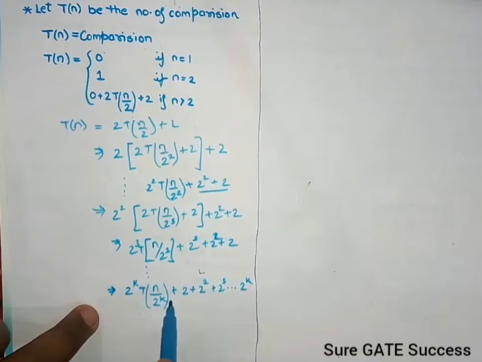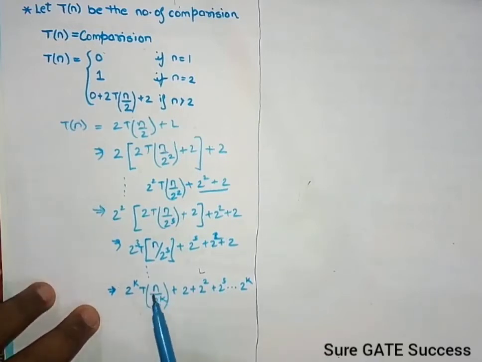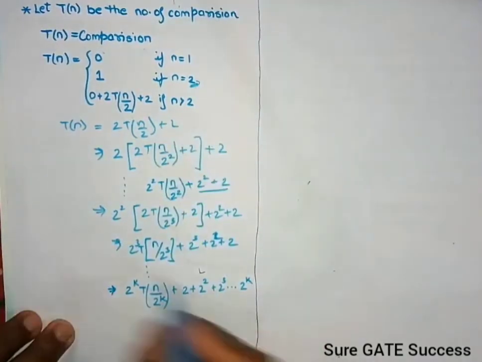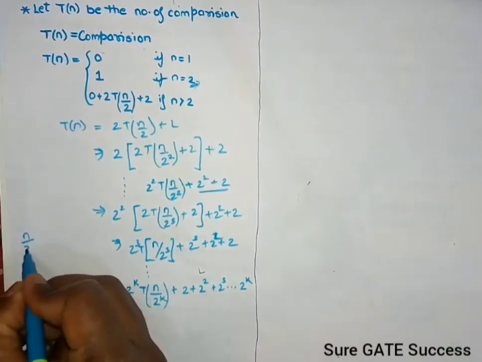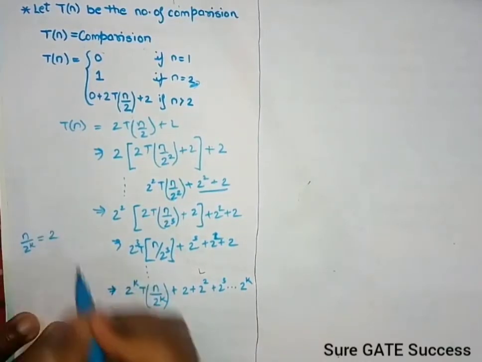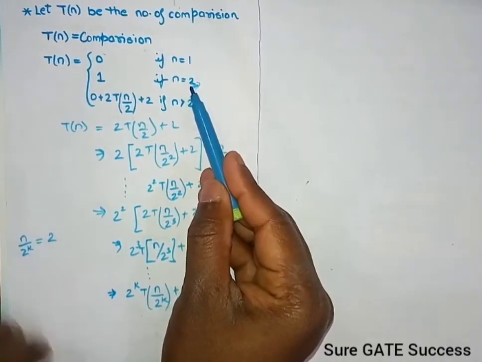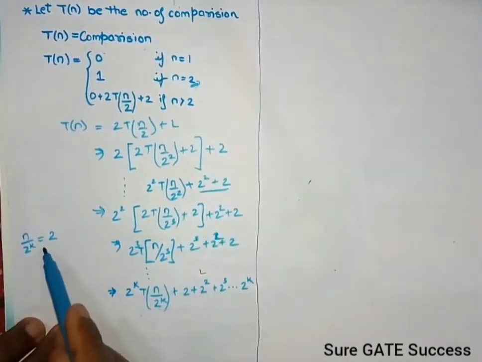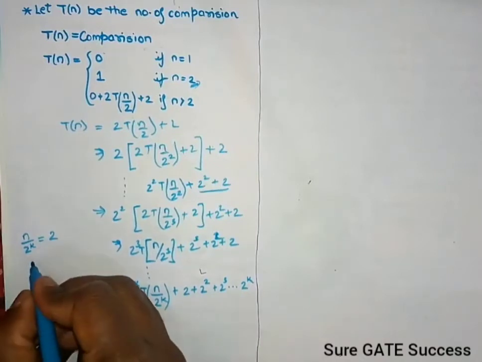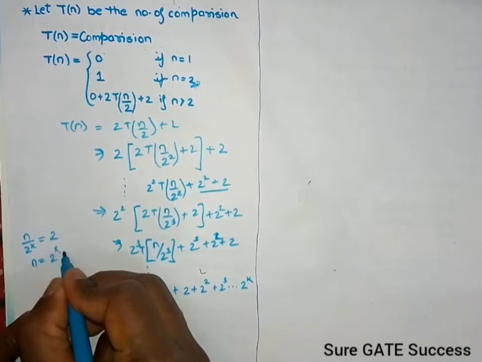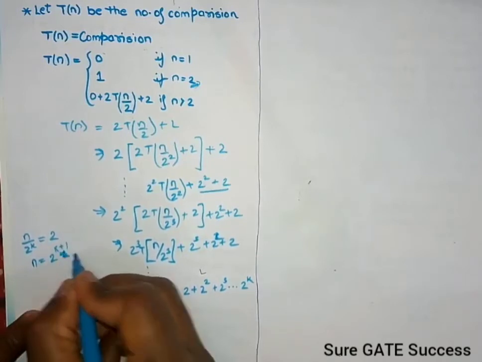So we have to make T(n/2 to the power k) as 1. For making it 1, we have to take the value as 2. So let's take n/2 to the power k equal to 2, because if n is equal to 2, then it will be 1. So we placed it as equal to 2. Now solve it. It will be n equal to 2 to the power k into 2, so we can write it as 2 to the power k plus 1.